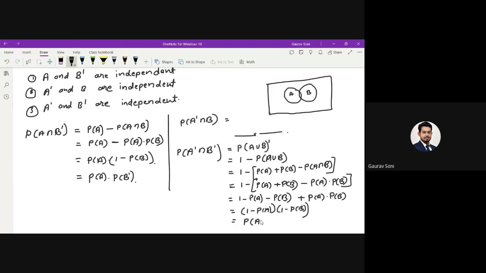That is probability of A complement into probability of B complement.